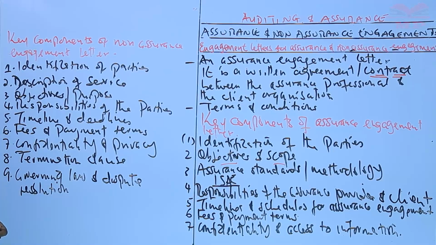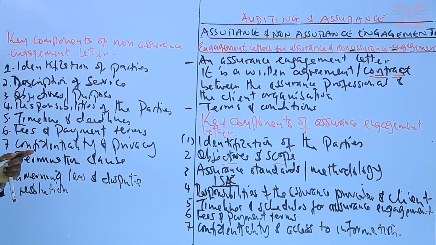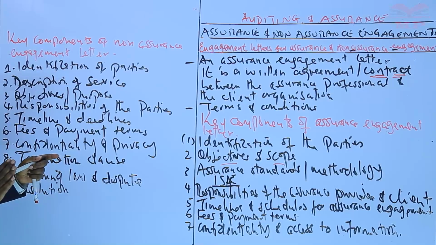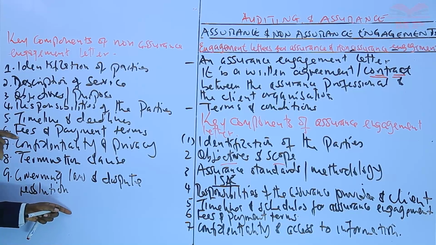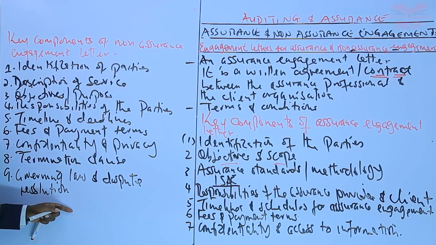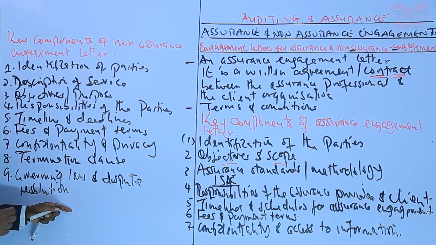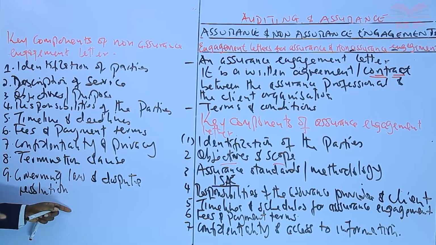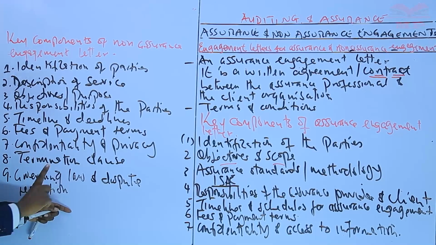The engagement letter should identify the governing law that will apply to the agreement. It should also include provisions for dispute resolution, such as mediation or arbitration in case of conflicts or disagreements between the parties.